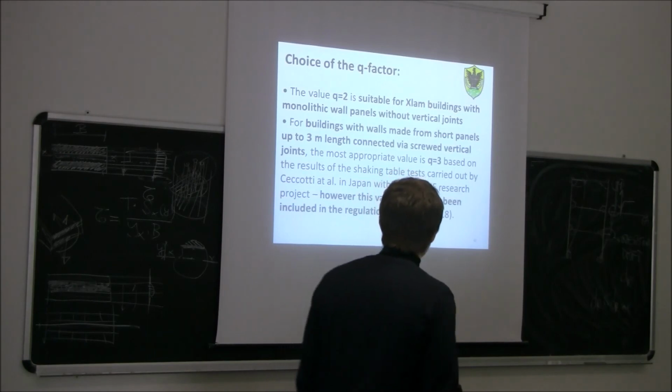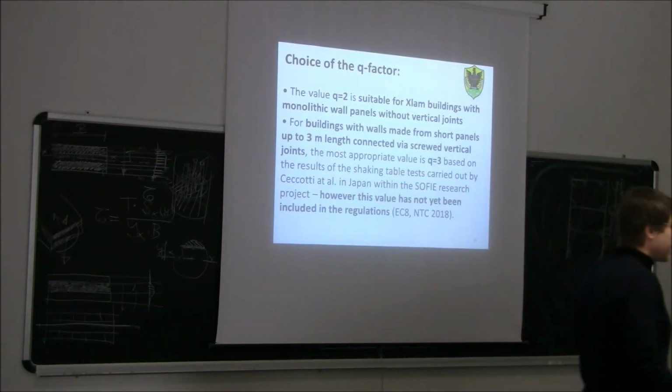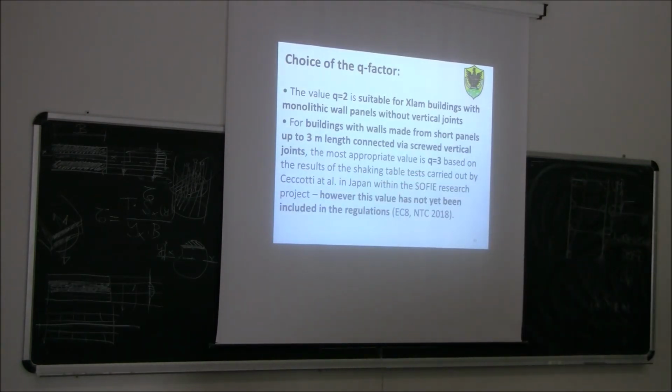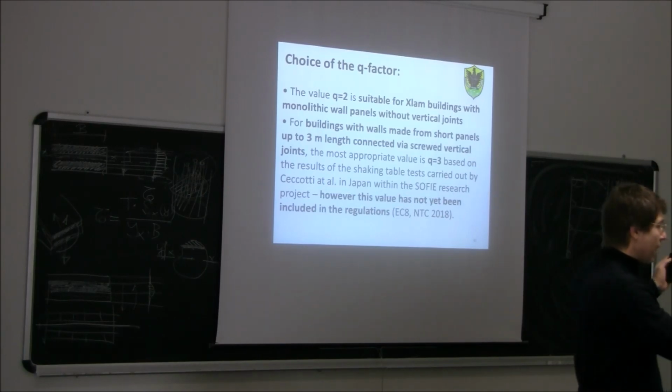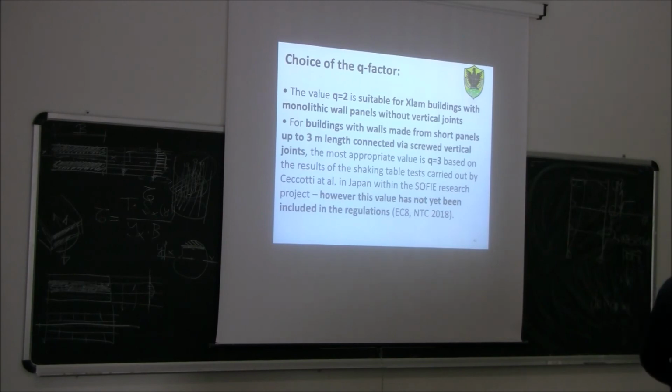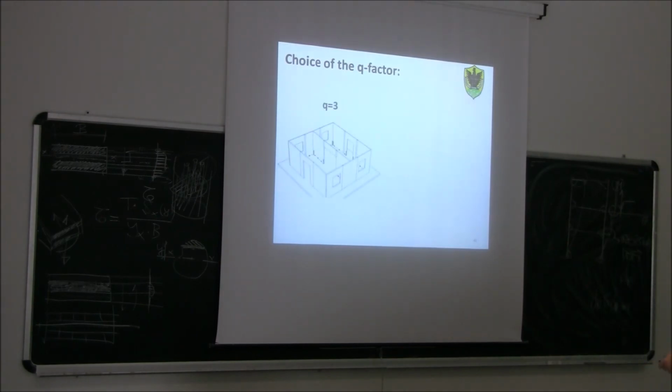While instead, there was an extensive experimental campaign carried out by Professor Ceccotti from CNR, where they tested big buildings in Japan on a real earthquake, and they found that if the building is made with strips of cross-lam panels connected together with vertical joints, so if they are done in this way, you see, with smaller panels and vertical joints, then a behavior factor q equal to 3 can be used.